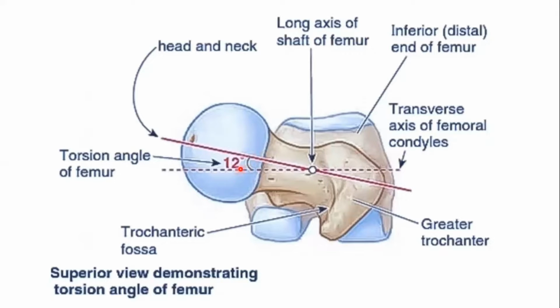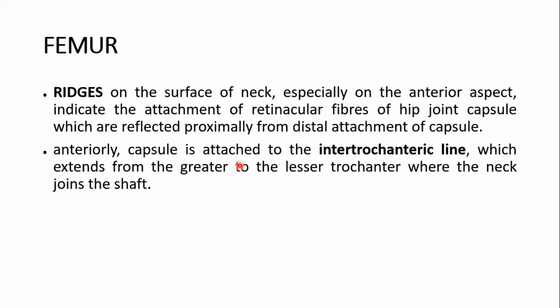And this angle here is the torsion angle of the femur, the angle of femoral torsion, right? I think you'd be able to see this quite clearly between the long axis of the shaft of the femur and the head and neck axis. This is the torsion angle of the femur.